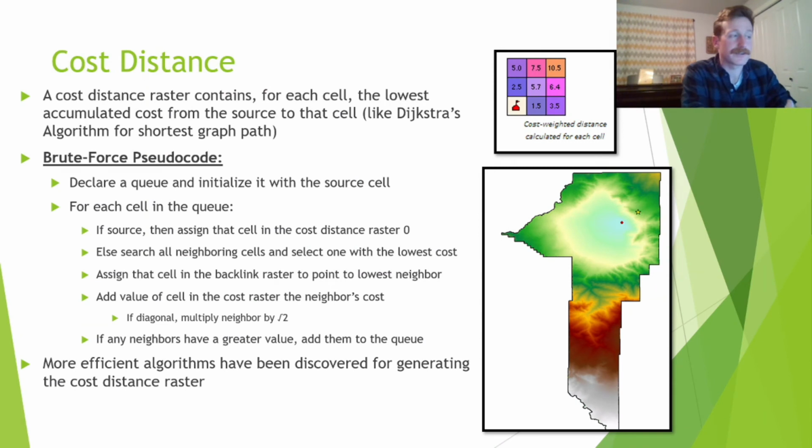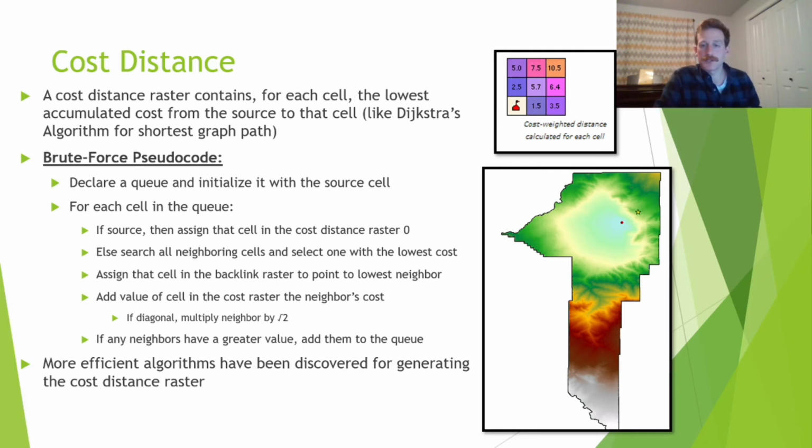So once we have the cost surface, which again I think is the hard part here, we can actually implement the cost distance. So the cost distance raster is a raster that at each cell will have the lowest accumulated cost from source to that cell. And the algorithm is surprisingly similar to Dijkstra's shortest path algorithm, or maybe unsurprisingly. You're going to declare a queue and initialize it with the source, and then you do a best first search outward.